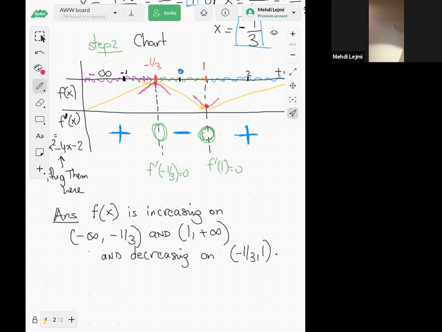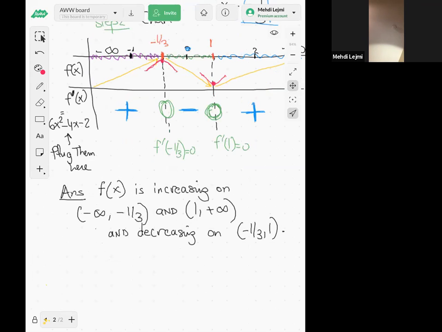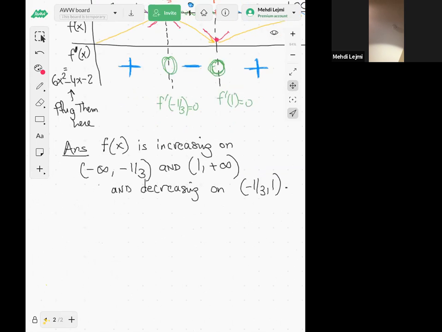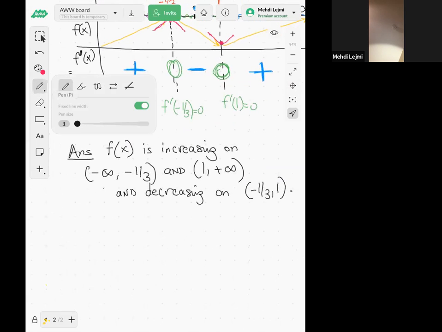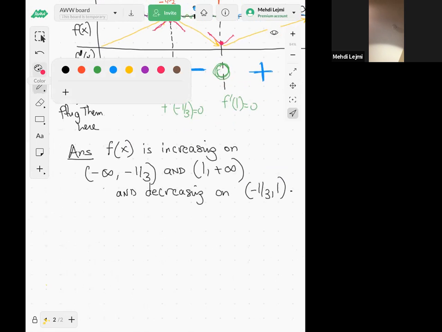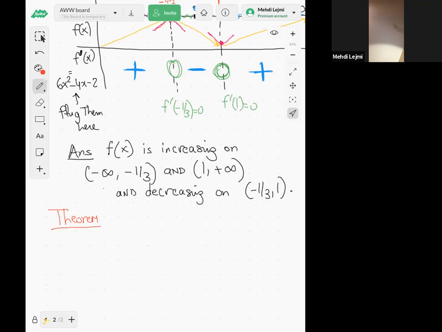So the idea, or the theorem, is the following. If the derivative changes sign, and you can even see it from the chart, this is a theorem. Suppose f prime of a is equal to 0. So a is a critical point.